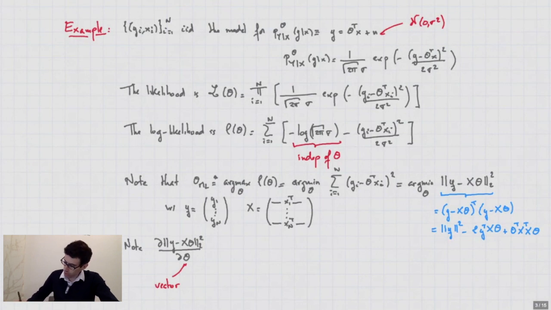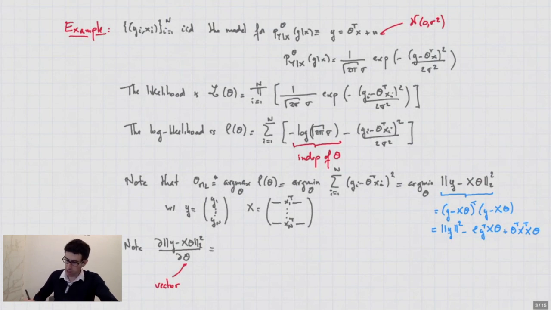And you can convince yourself that the first term, y squared, in that expression does not depend on theta, so the derivative has to be 0. For the second term, we're taking the derivative with respect to theta, so we expect an answer that only depends on y transpose and x. The factor 2 should be there. The only trick when you do such a calculation is that you have to make sure that the dimensions of the vectors you return actually make sense.